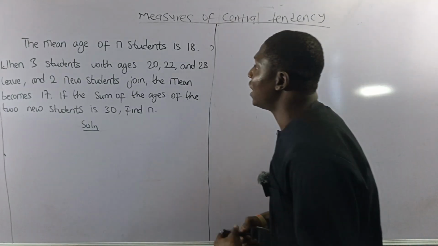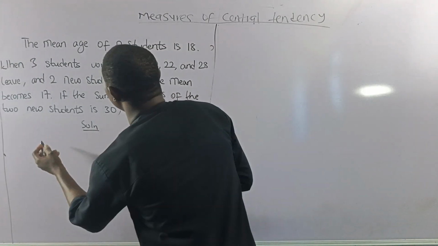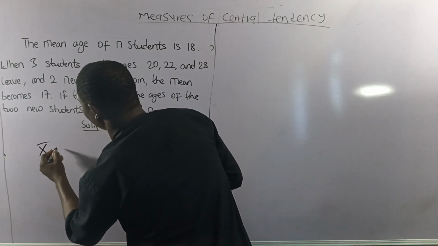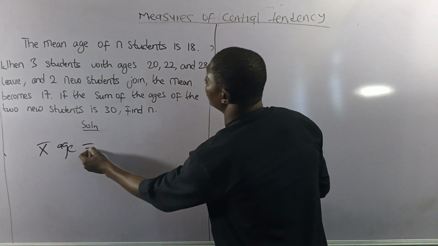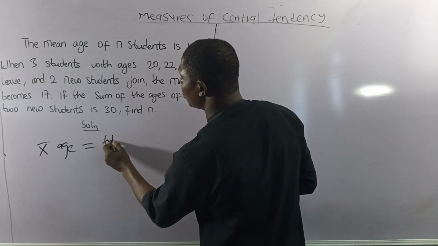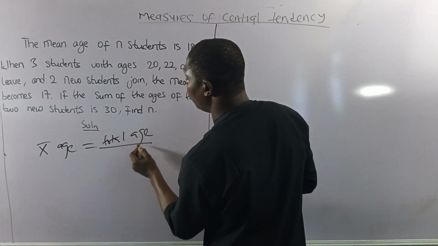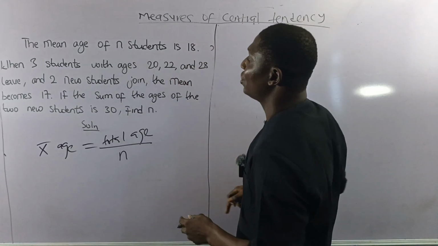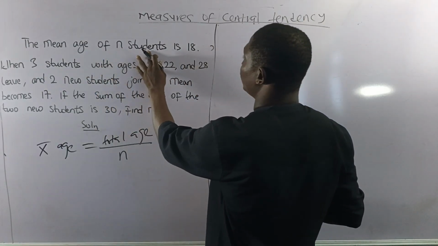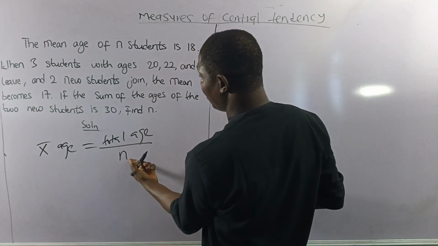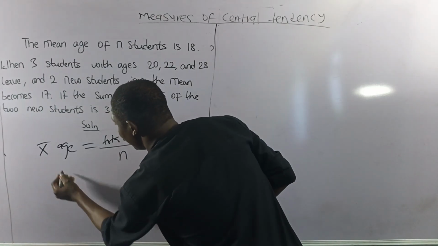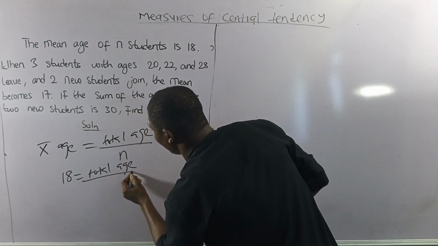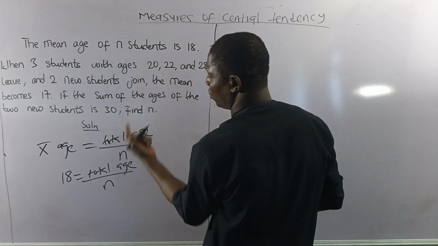So let's start with how the question was given. Mean age, which is s bar, is equal to total age all over n, where n is the number of students. So the mean age of n students, which is 18, equals total age all over n.